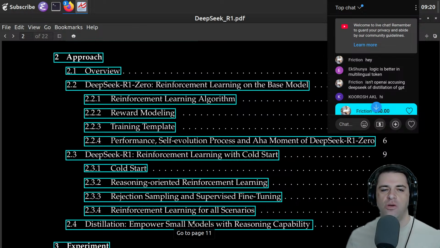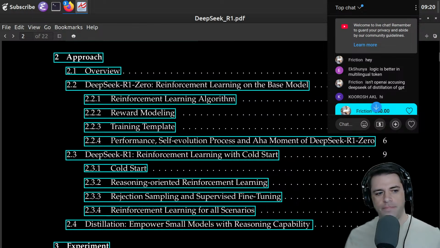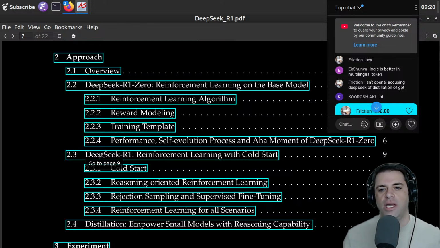And then once you have that little bit of what they call cold start data, then you can use Deepseek R1 to continue training itself, since it's learned how to do that particular trick from ChatGPT.